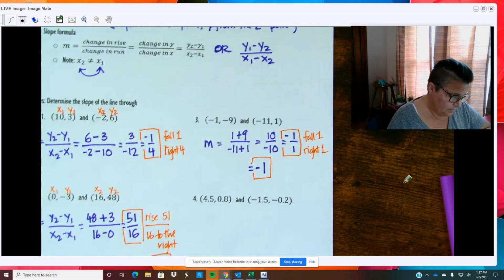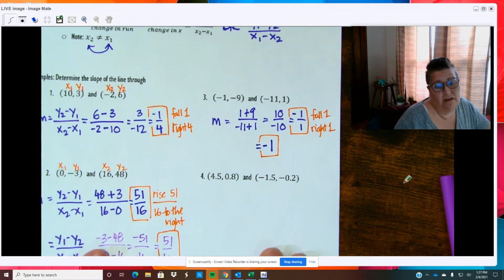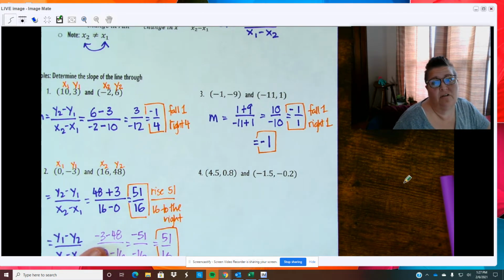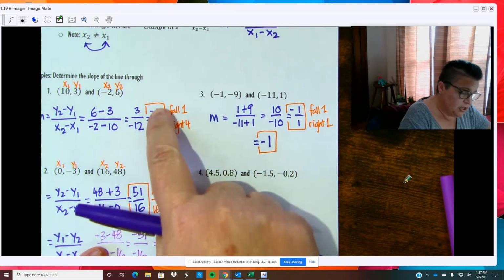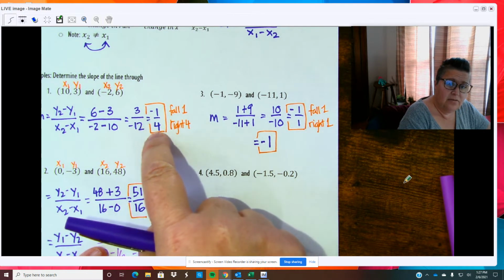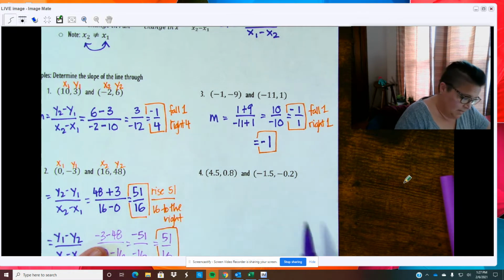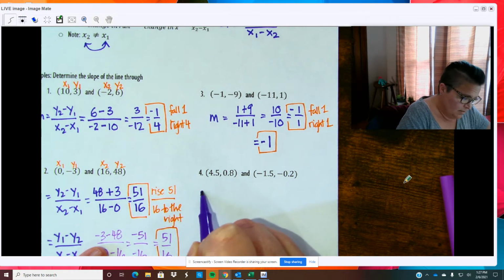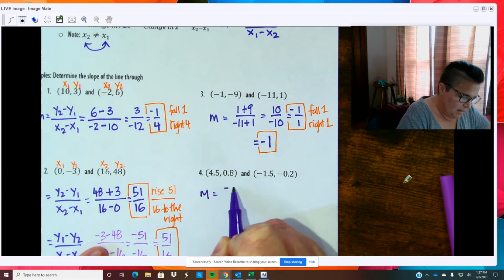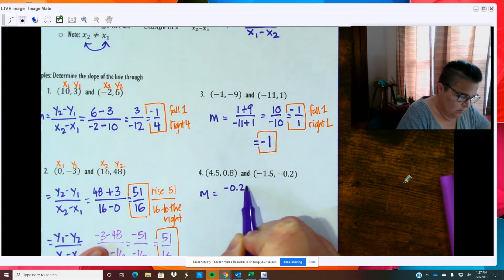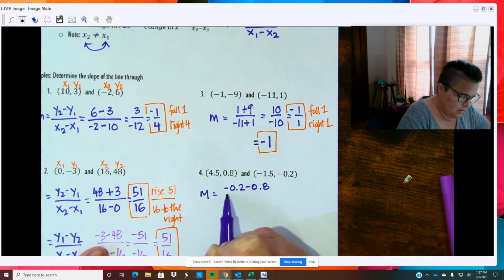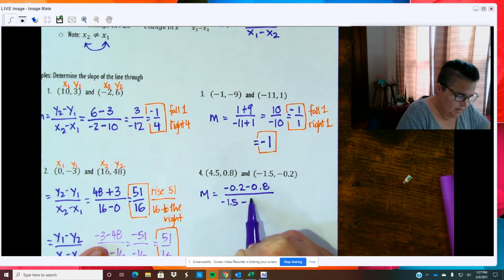Okay? What do we do if there are fractions or if there are decimals? The idea here is that you always want your slope to be a ratio of two whole numbers. So negative 1 and 4, 51 and 16. I don't want to have decimals in the answer. So my slope here would be a negative 0.2 minus a 0.8 over a negative 1.5 minus a 4.5.